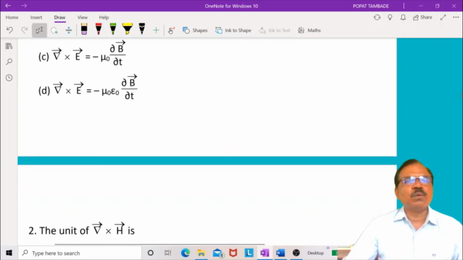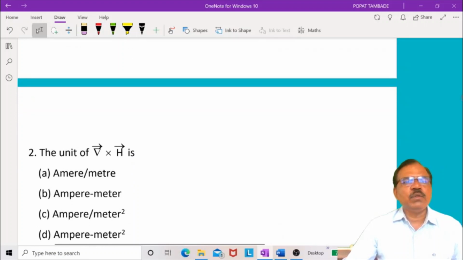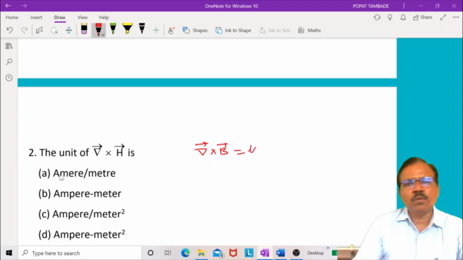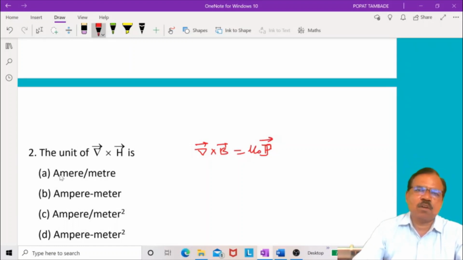Now if we go to the next one, the unit of del cross H is, we know del cross B is equal to mu 0 J. This is the differential form of Ampere circuital law. And B is equal to what?